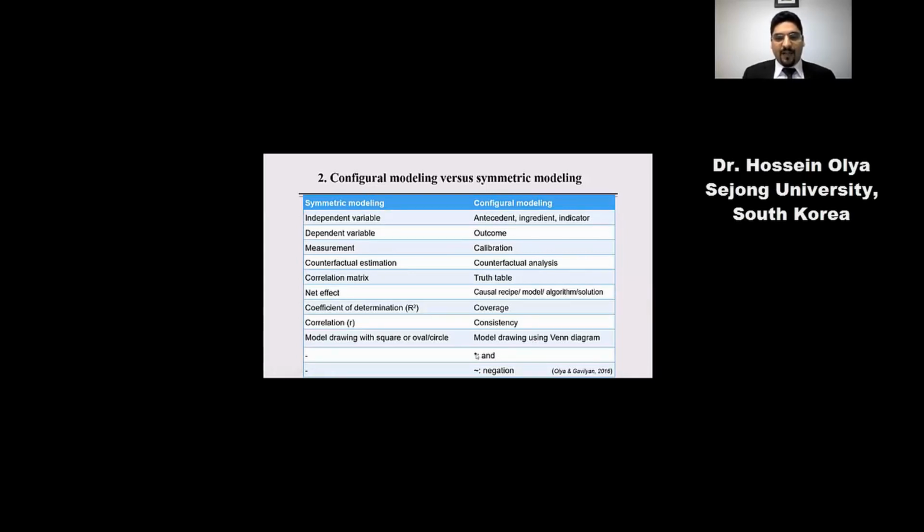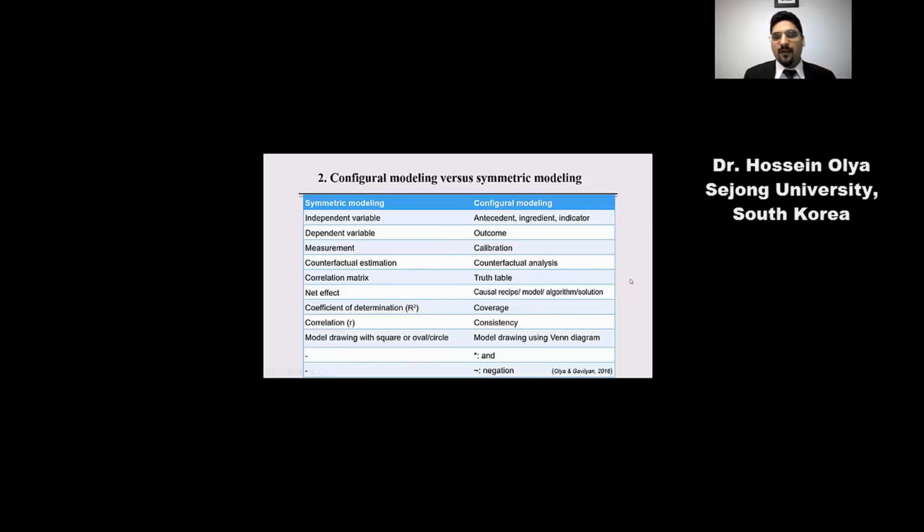We have the sign star, which means AND, and negations. We don't have these symbols in the symmetrical approach. Why? Because we use Boolean algebra for model testing in configurational modeling, which we don't have in symmetrical modeling.